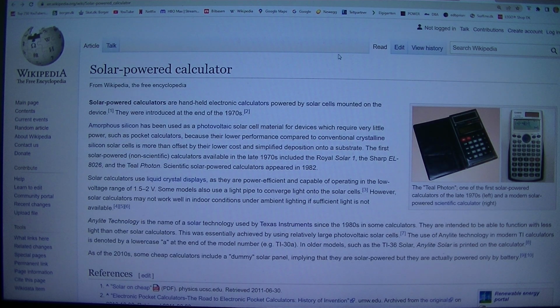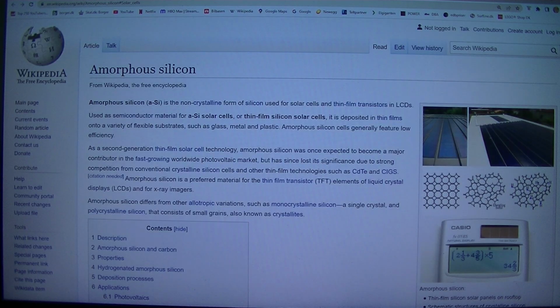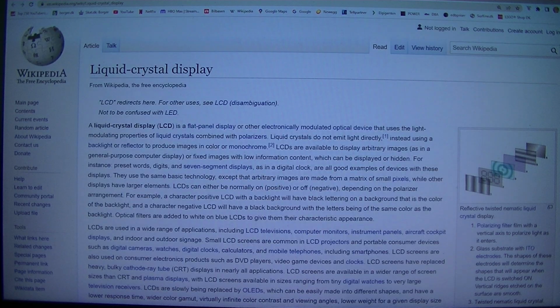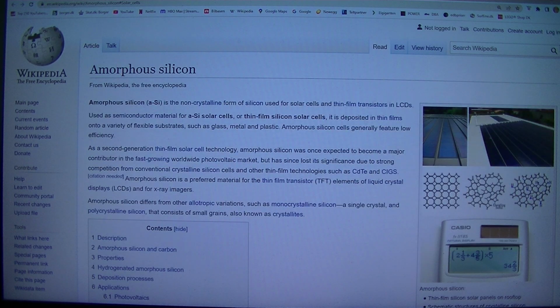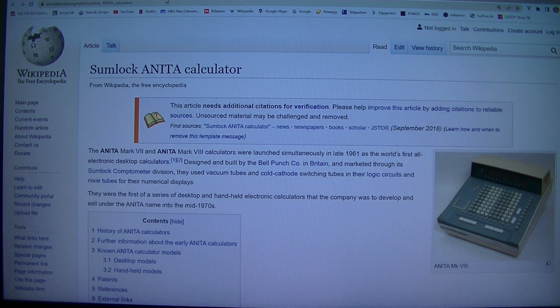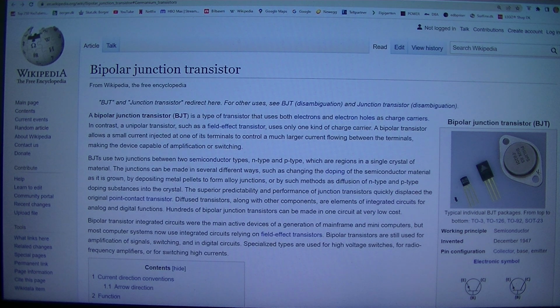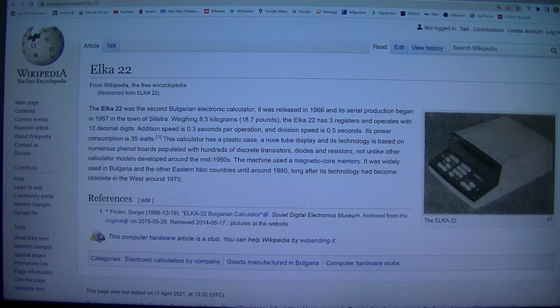So what should we do with this? Solar power, electric batteries, amorphous silicon, liquids. Yes, that's Anita. That's old calculators, Elka 22.